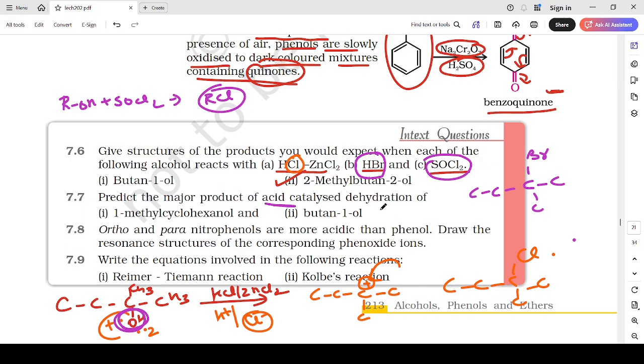Predict the major product of acid catalyzed dehydration of 1-methyl cyclohexanol. Let's draw the structure of 1-methyl cyclohexanol. I want you to complete this question.